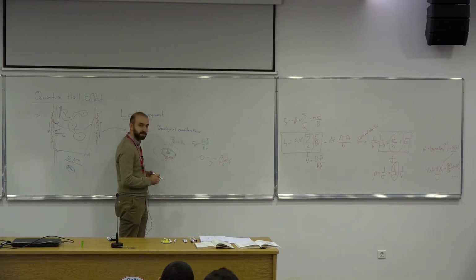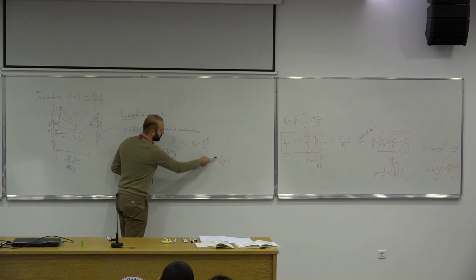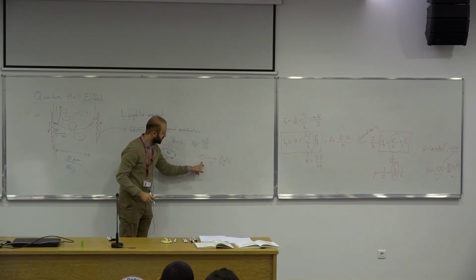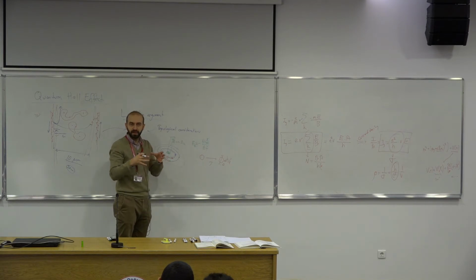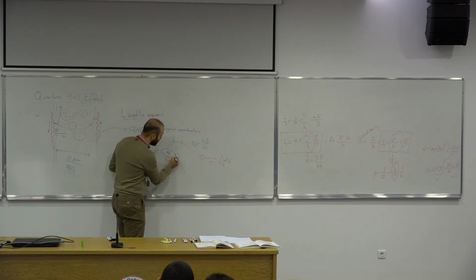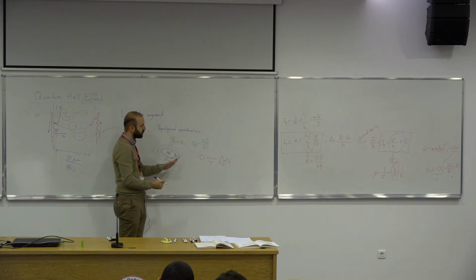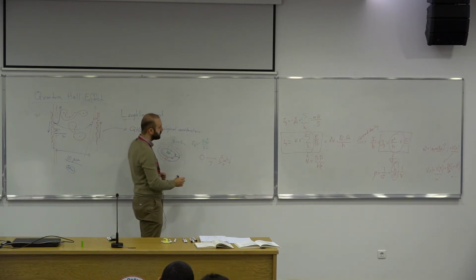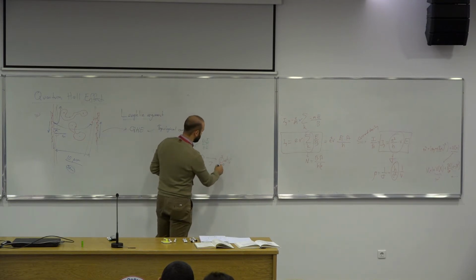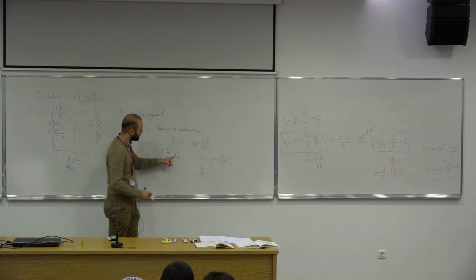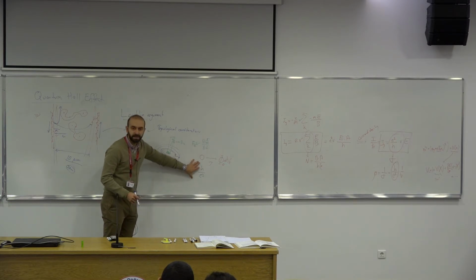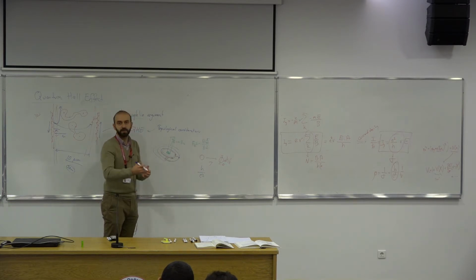As I change the flux here adiabatically from 0 to that value, these electrons will start taking a slightly larger but very well-defined orbital. And the population transfer from this inner orbital to the outer orbital will be exactly given by h over e squared. So the change in the conductance will be exactly an integer multiple of the conductance, or of resistance.